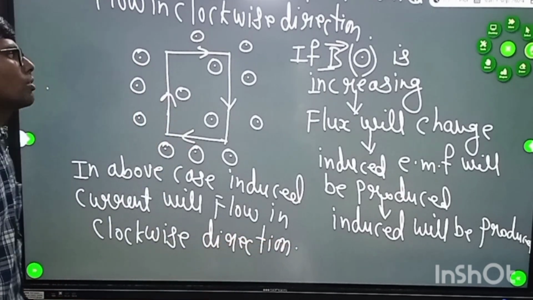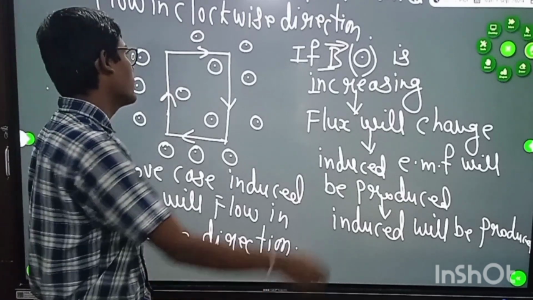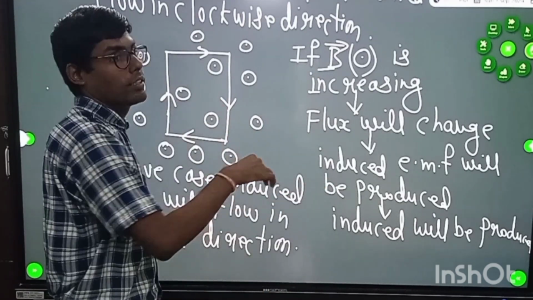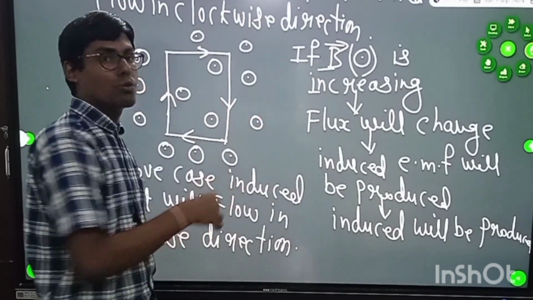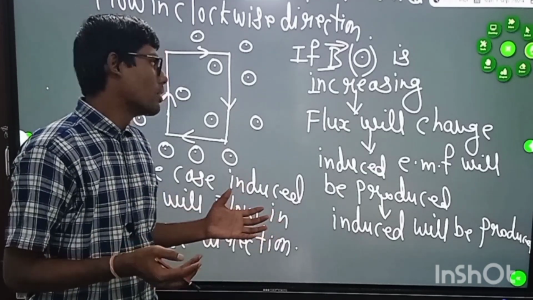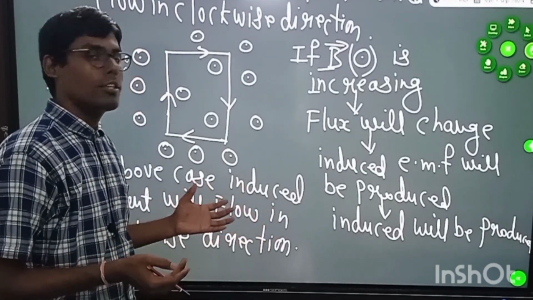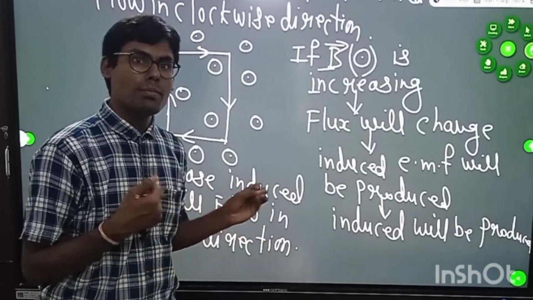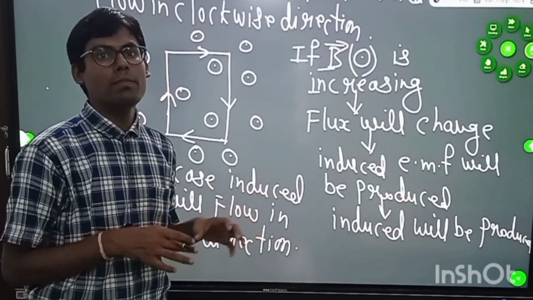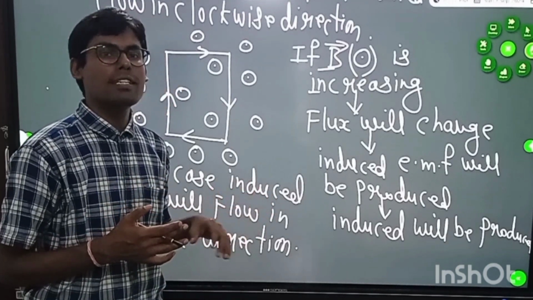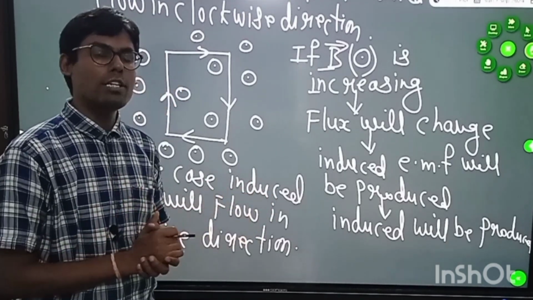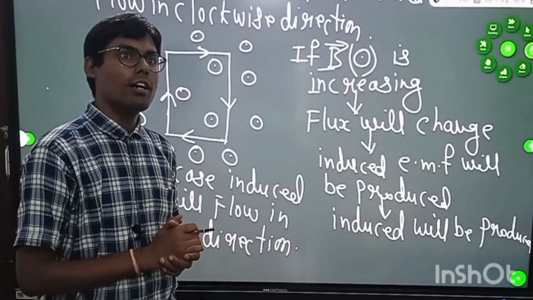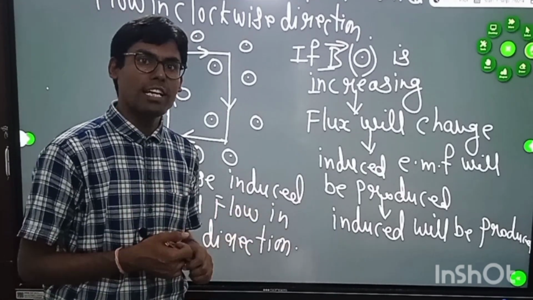This is how we can decide in which direction the induced current should flow. Through Lenz law we can determine the direction of induced current due to changes in the magnetic flux, according to Faraday's law of electromagnetic induction.